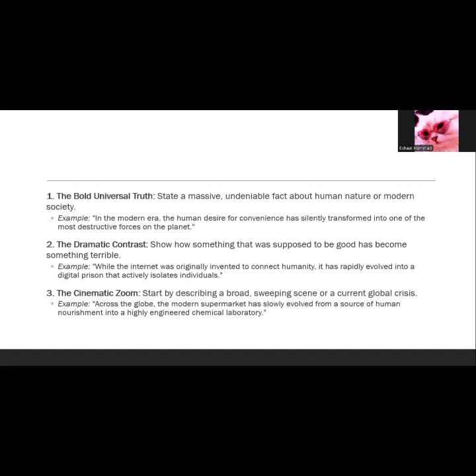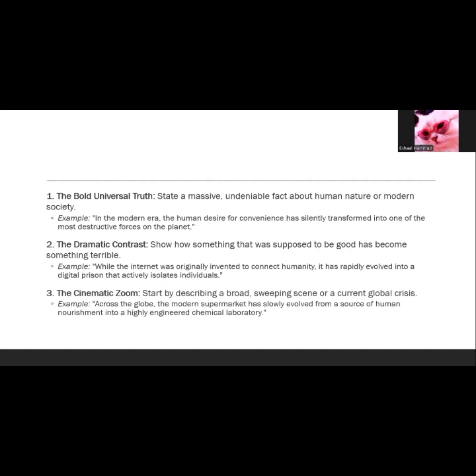Now, if our reader is going to read this, he's going to think that, oh, this article is saying something different. I must read how the internet has made people a digital prison and how it is getting them isolated as individuals from society. What's happening? So the reader is going to read it.